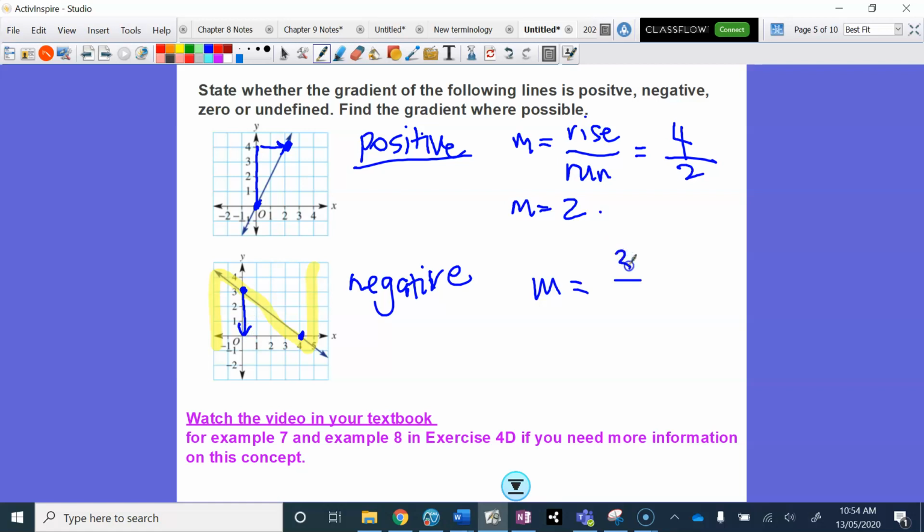So rise 3, and my run 4. I know that gradient is negative, so that particular gradient is negative 3/4. So if you need some more information on that concept, there's 2 good videos in your textbook to have a look at. Example 7 and example 8 run through this sort of stuff in more detail, so you might want to watch those as well.